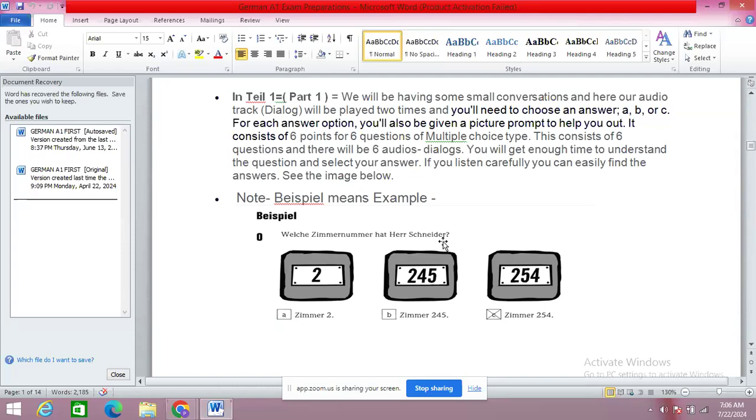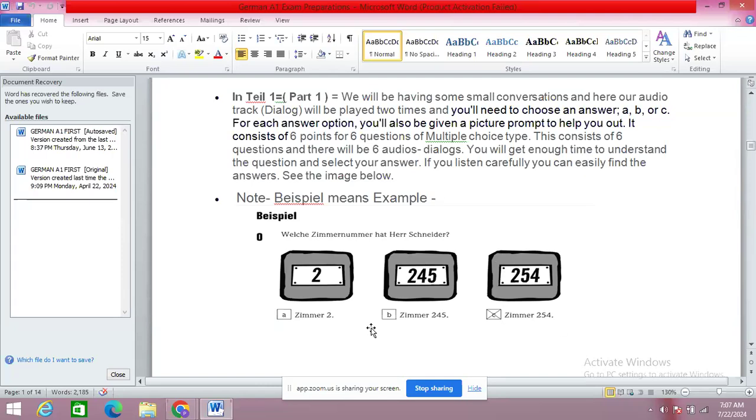The audio track is played one time, then it is played one more time. So it's an easy part, since Hören is played two times. Once you listen, then you listen again to confirm your answer, and then this is your answer. You will put a cross for this correct answer, not in the question paper, do not write in the question paper.